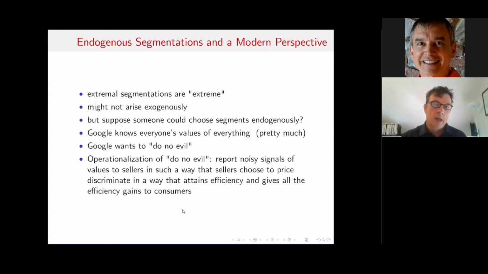And then the question is, what kind of information does a platform want to provide to the advertisers, to the bidders, or to the consumers about the value of the product, so as to maximize social surplus, which may be the objective of the platform, because the platform wants to attract as many buyers and sellers to its site. So the optimal provision of information is probably a big part of what the optimal design of a digital platform is, and therefore it makes sense to think a little bit more in detail about how we provide information optimally, and that's what we're going to do in the next lecture when we talk about Bayesian persuasion.